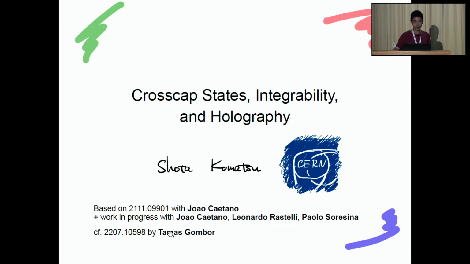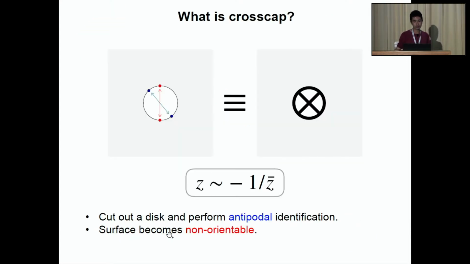Okay, so let me start right away by saying what a crosscap is. The crosscap state has been studied a lot in 2D conformal field theory in the past. In that context, the crosscap state is defined in the following way. You first take the flat complex plane, and then do the identification z is equal to -1 over z bar.